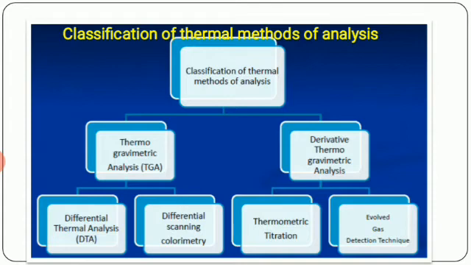In differential thermal analysis, the temperature difference is measured and the apparatus is DTA. In differential scanning calorimetry, the heat evolved or absorbed, that is enthalpy, is measured and the apparatus is a differential scanning calorimeter.